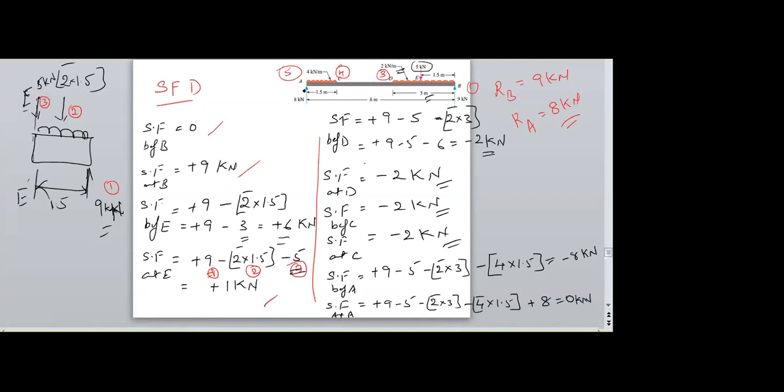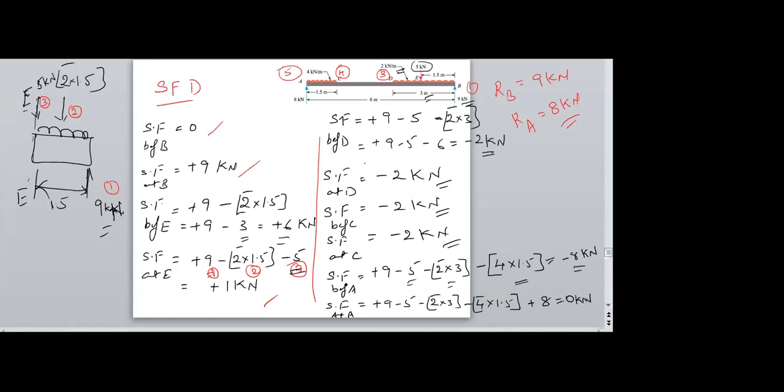Next, before A. The next point is A. Therefore 9 is the first load, 5 is the second load, 2 into 3 is the third load, and the UDL of 4 into 1.5 is the fourth load. So I am getting a minus 8 kilonewton.